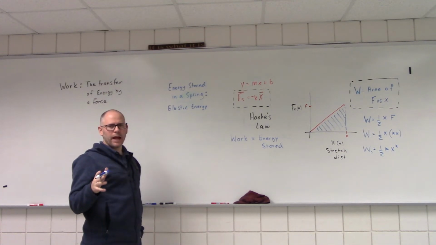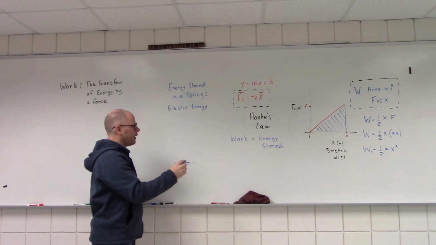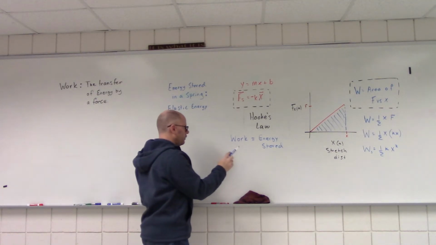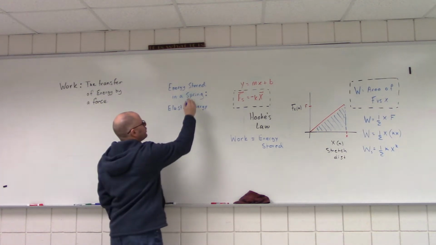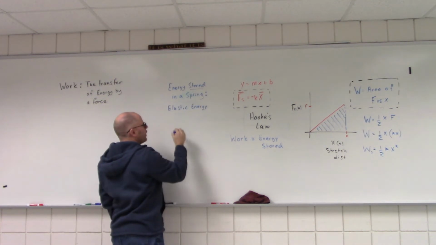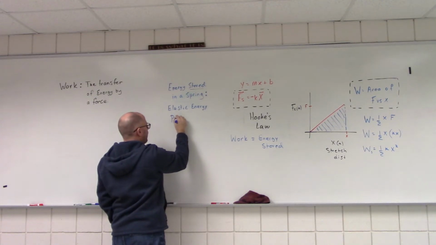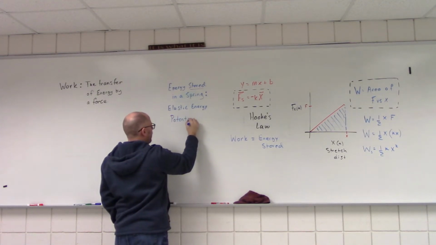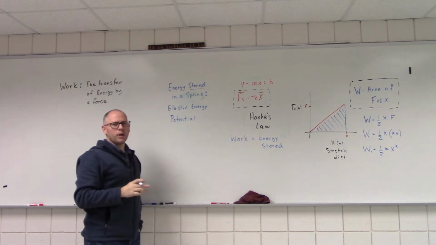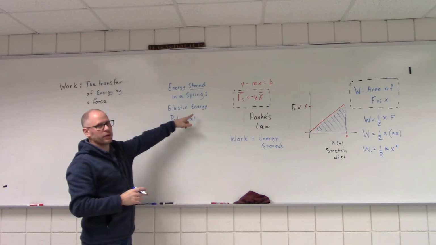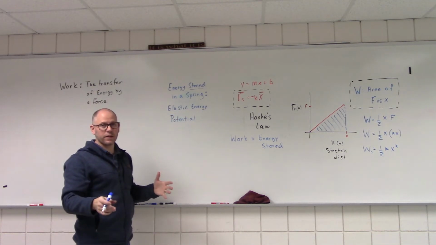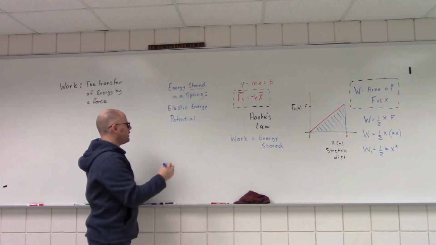If you were to look it up in the textbook, for example, you would get this. Now, here's the thing. Because this is stored energy, it's often called potential energy. So the potential energy, or the elastic potential energy, or the energy stored in the spring, we use this symbol.